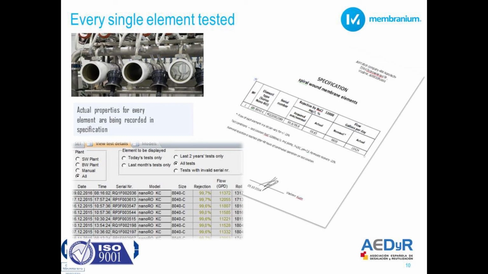In this case you can keep the hydrodynamics along the pressure vessel more uniform, which gives you the possibility to make a longer interval between CIP procedures and to make the life of these elements longer. Therefore, the described control procedures realized in our plant allow us to guarantee the highest quality and the product's performance stability.